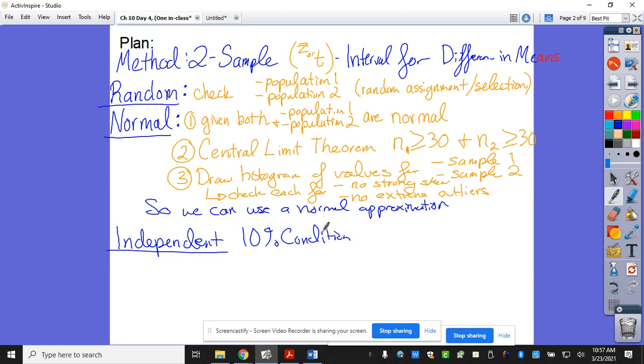I want to address this, but not really address this. There are scenarios where the problem is independent, but you didn't actually have to check the 10% condition to get that. It gets very gray, and I think it gets confusing. On the AP exam, they're not going to give you one where if you do the 10% condition and you didn't need to, they're going to count off.